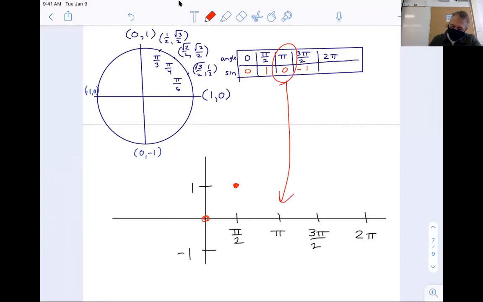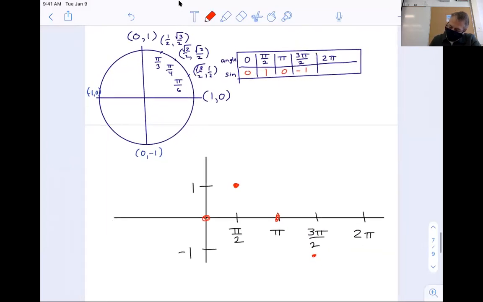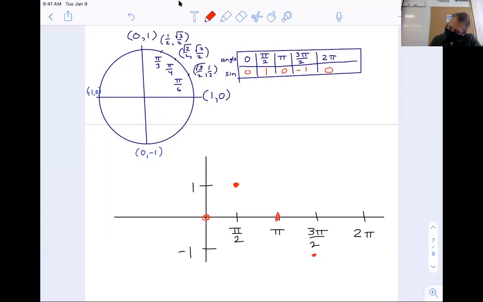Pi, comma 0. Okay, that's this point here. Three pi over 2, negative 1. And then at 2 pi, it's 0 again, and it starts all over.